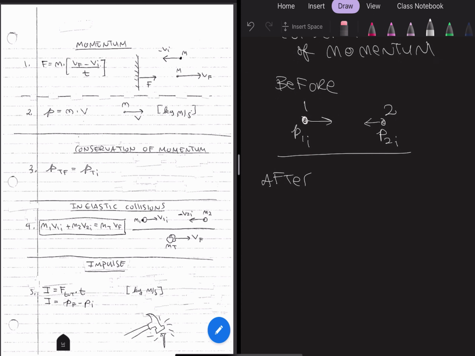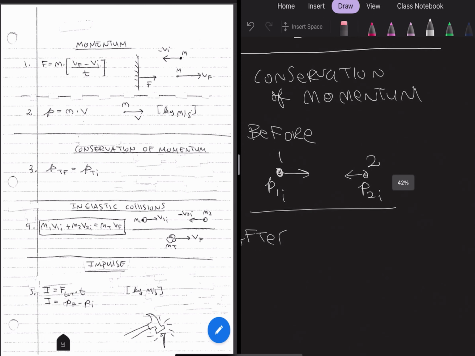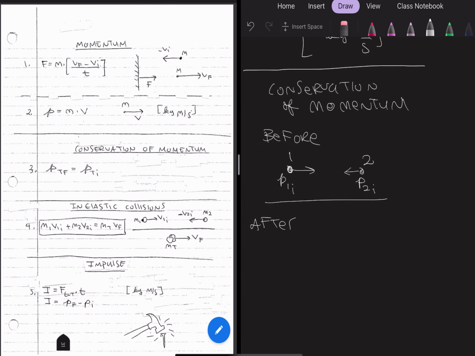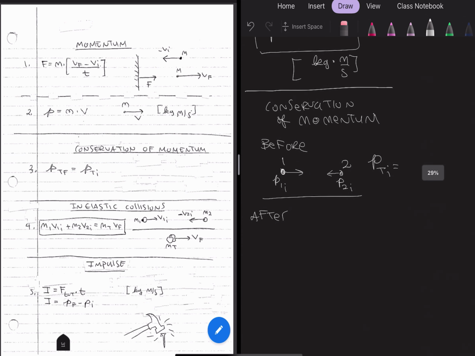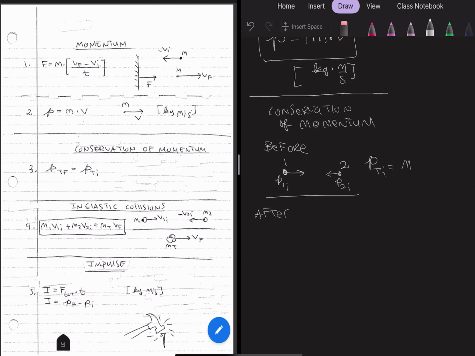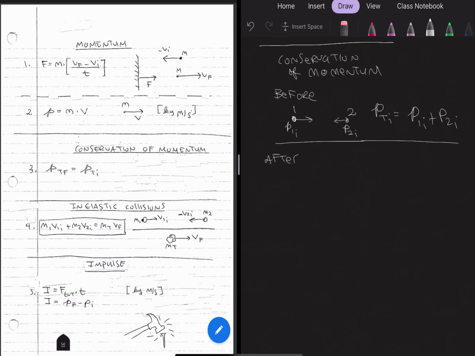So before the collision, the total momentum, P total initial, is going to be P1 initial plus P2 initial. And now, after the collision, they collide, and now they're flying off at some other random velocity.